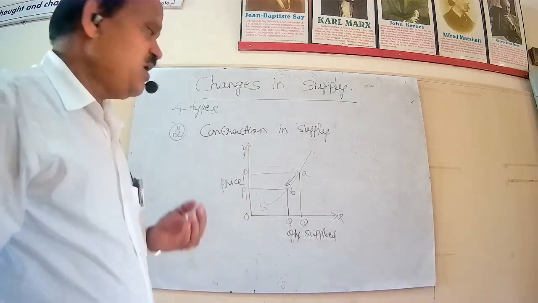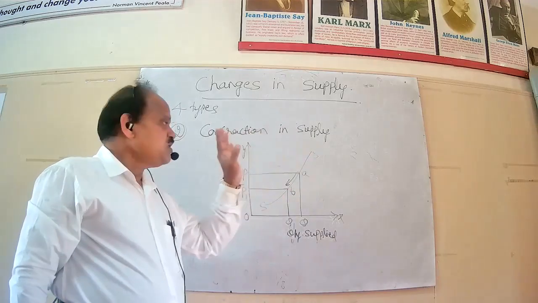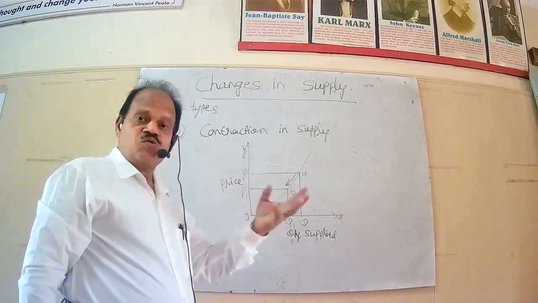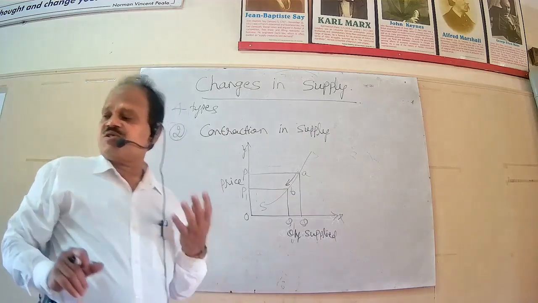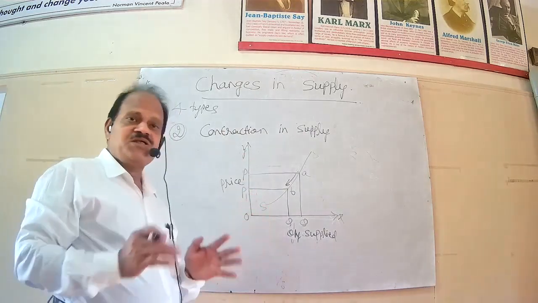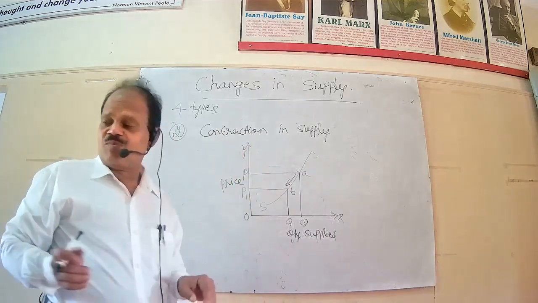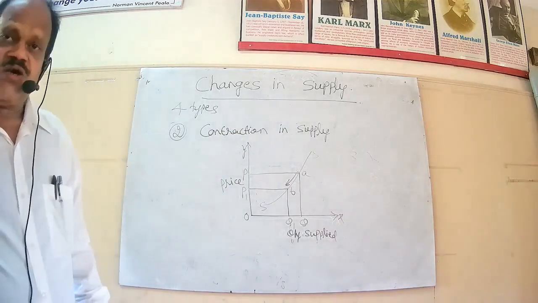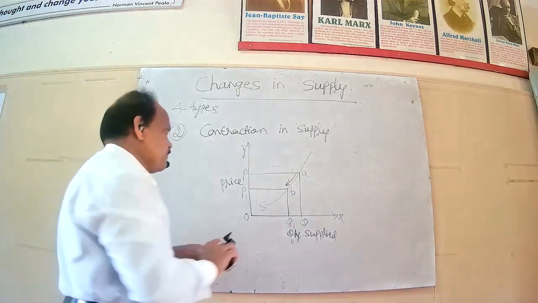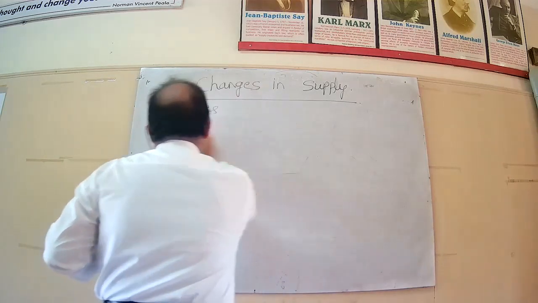Government policy and actions towards producers and sellers should remain the same. There are no expectations. So all other things should remain the same and only price should change. What would be its impact over changes in supply can be analyzed with the help of expansion and contraction in supply.